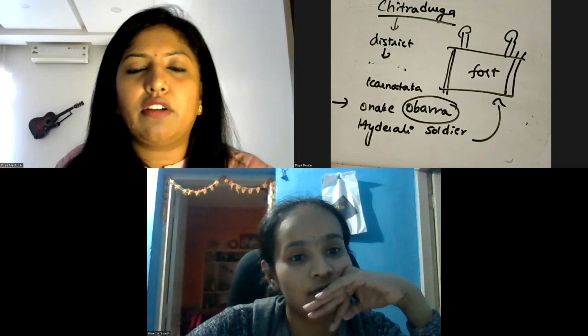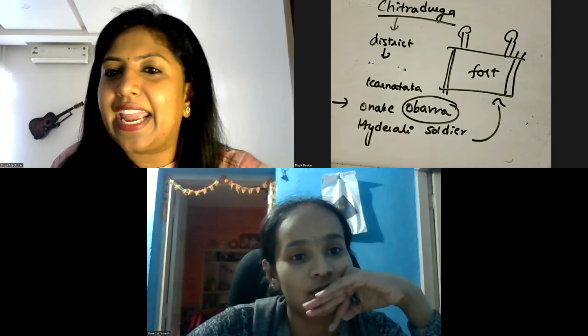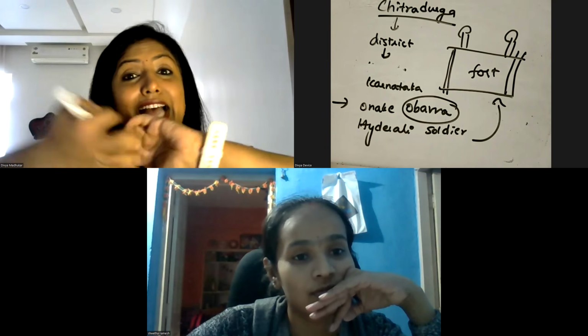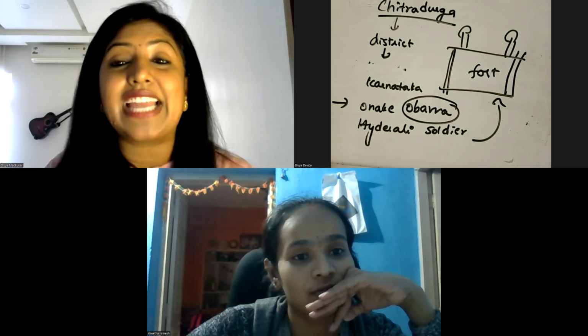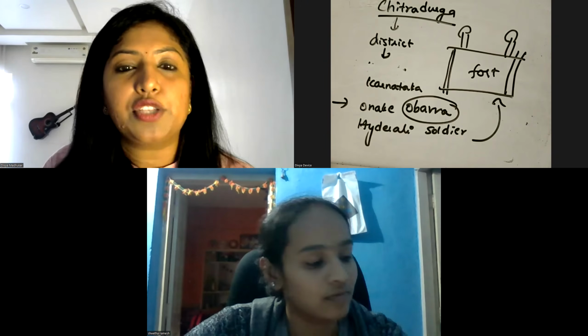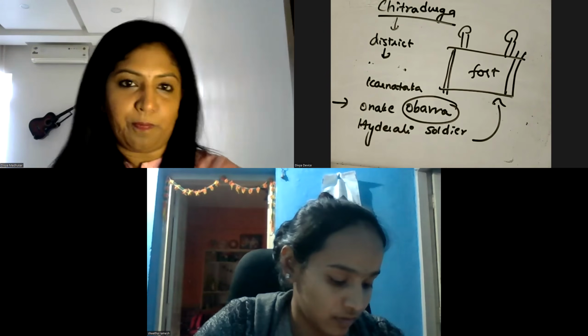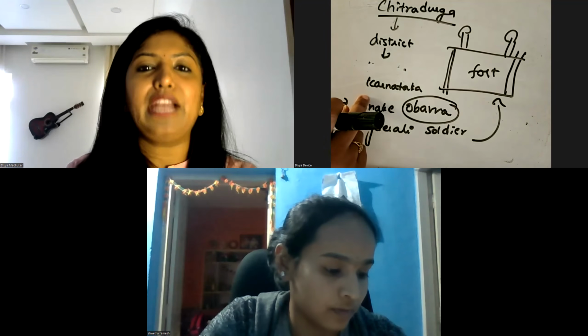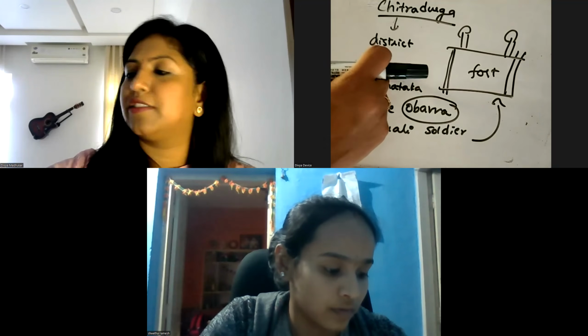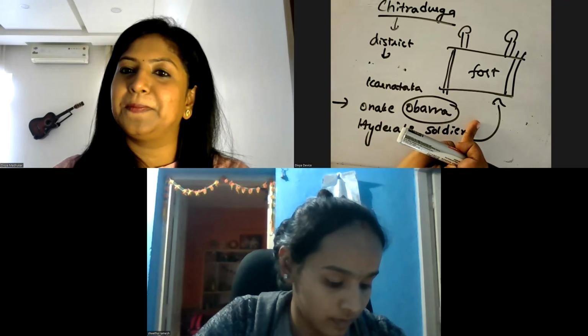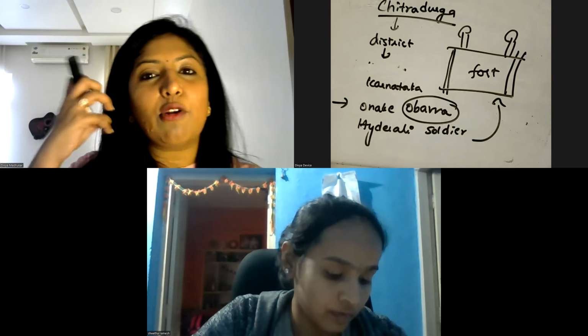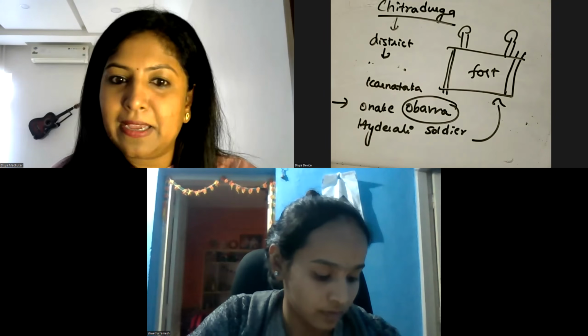We do not have concentric walls and gates and all of that, but they have natural rocks which are interlocked. Anytime you go to the southern part of India and visit Karnataka, if you're close to the district of Chitradurga, you can visit this fort. So we got a lot of information about this.